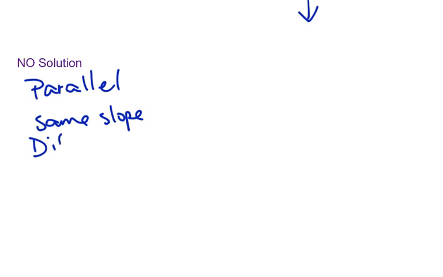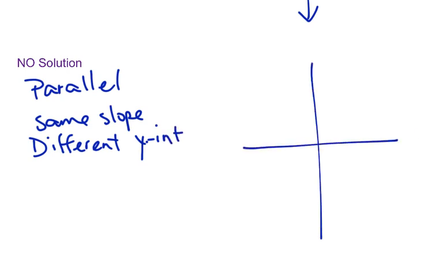Okay. Now, no solutions is when the lines are parallel, or they have the same slope but different y-intercepts. So we have our x and our y-axis. We have one line.